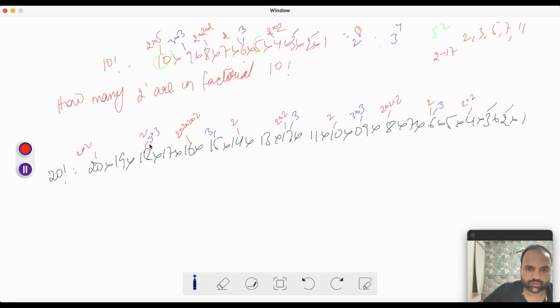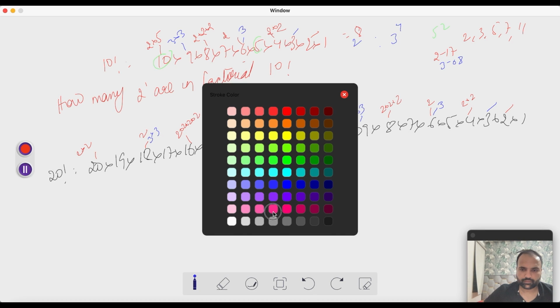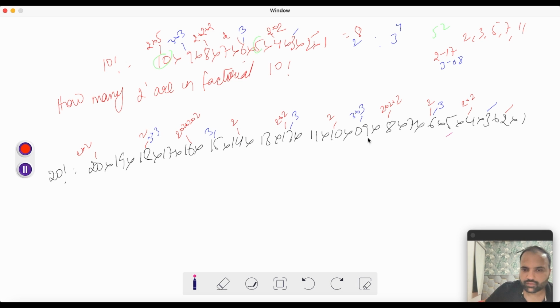So how many 3's do we have? 2, 1 is 3, 1 is 4, 2 is 6, 1 is 7, 1 is 8. So you have 3 to the power 8. Now similarly if we count for 5, 5 into 2 is over here, 5, 5 and 5. So you have 5 to the power 4.